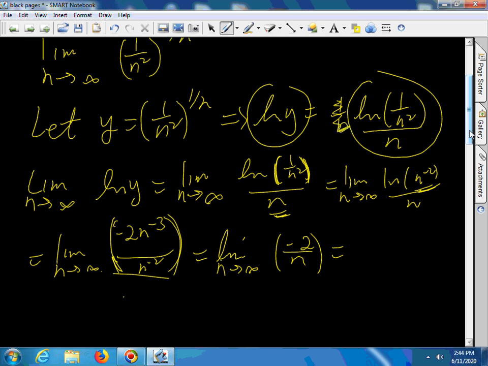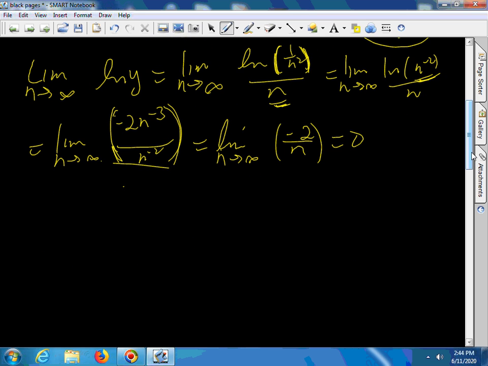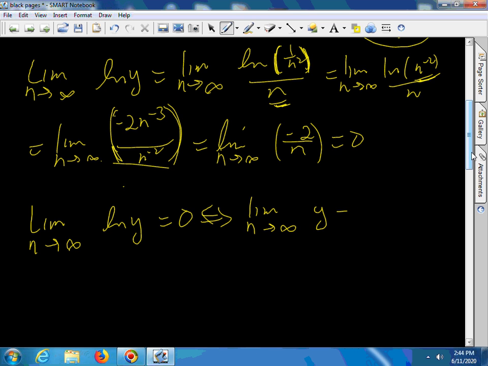And this limit is 0. But like before, we now have the limit as n goes to infinity of ln of y equals 0. But what we just proved in the other page, that this is the same as the limit as n goes to infinity of y equaling 1.